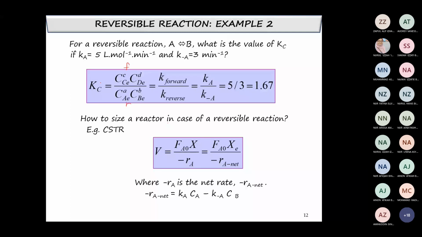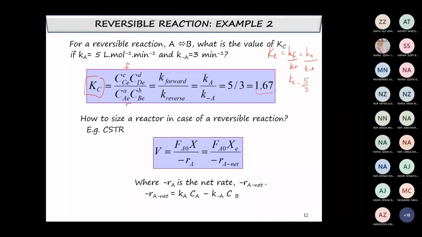Sebab remember Kc adalah equals to Kf over Kr. So this one should be Ka, and this one should be K minus A. Sebab ini adalah Ka yang biasa, and this one is the K yang reverse. So automatically kita boleh 5 over 3, kita boleh dapatlah what is the value of the Kc. Okay, so the value is 1.67.